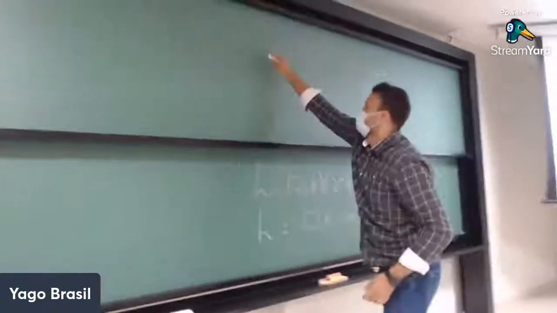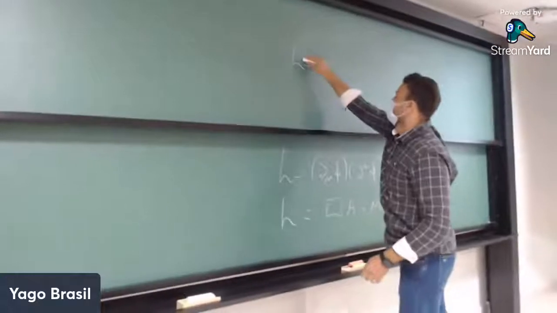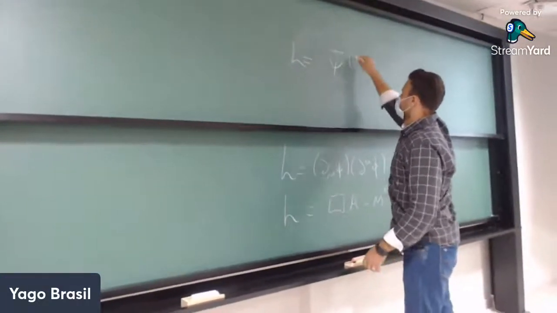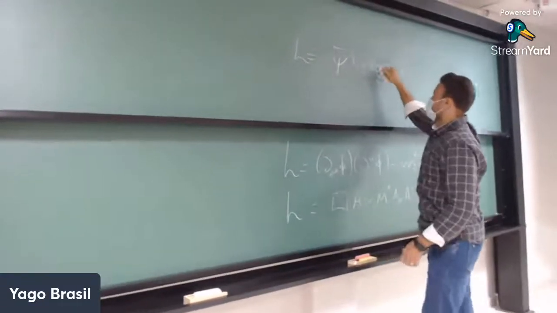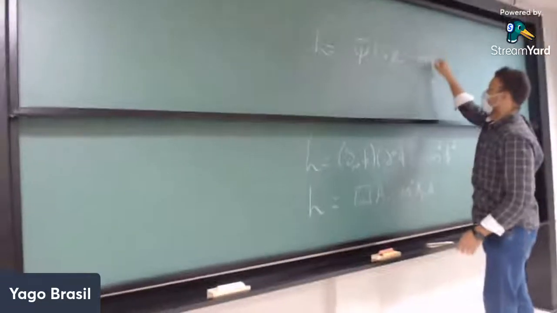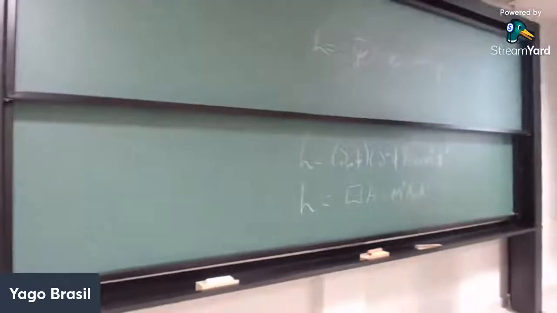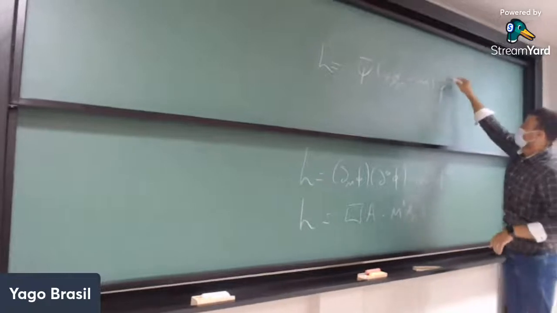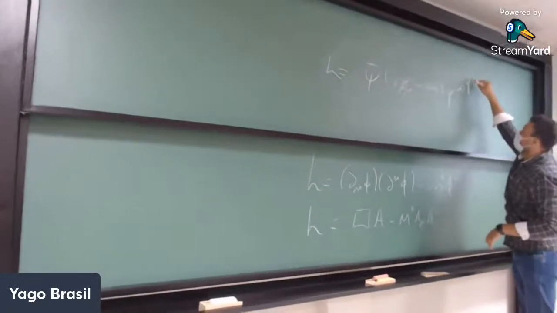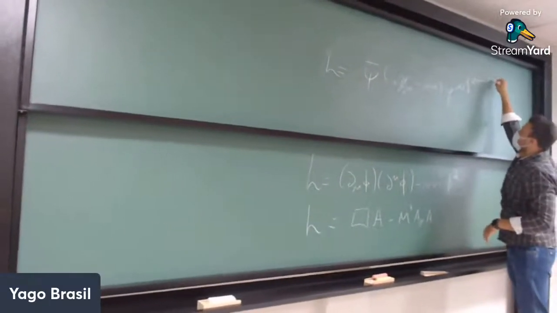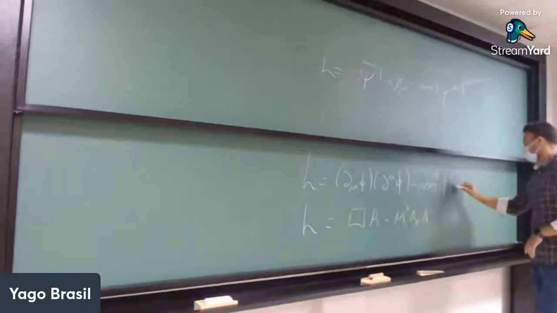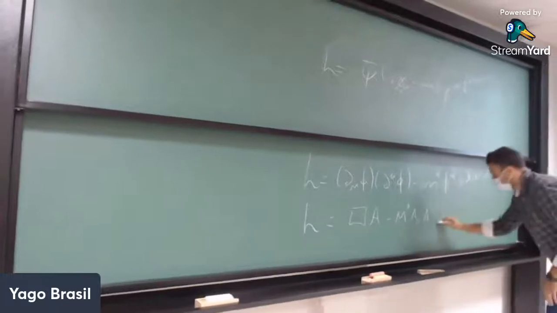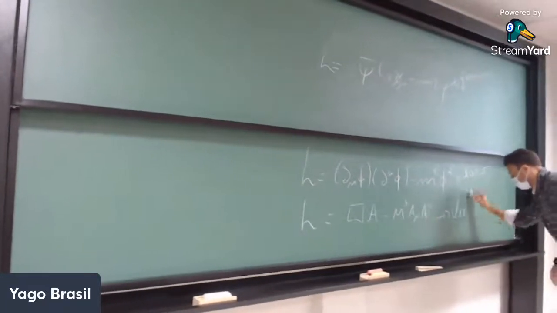It's written as psi bar (i gamma mu del mu minus m) psi. So this Lagrangian governs fermions, this one is for scalars, and this one, vectors.